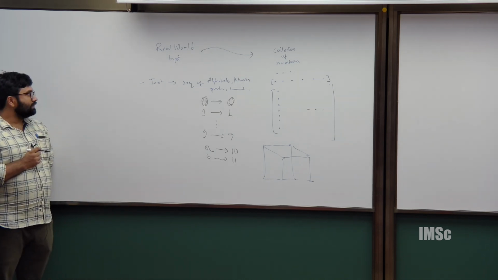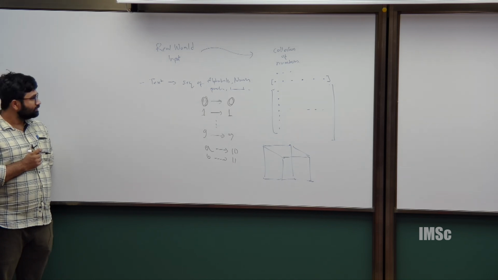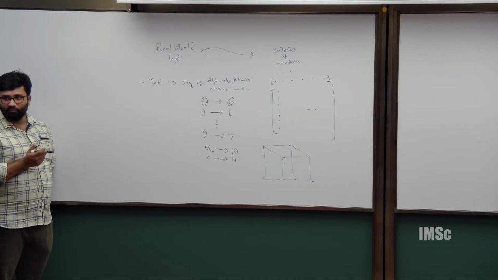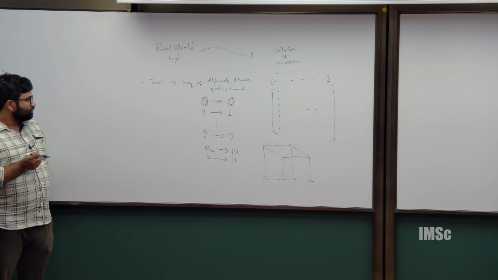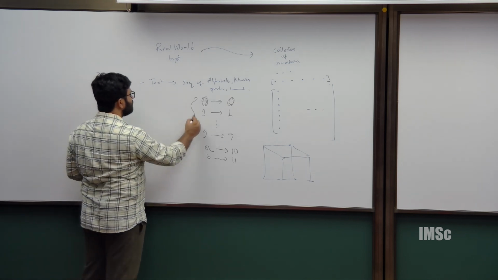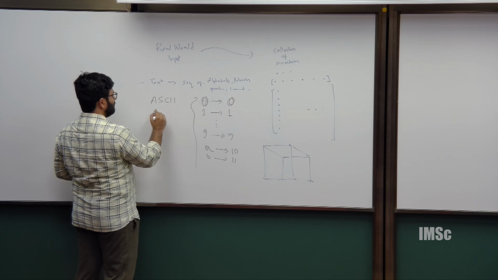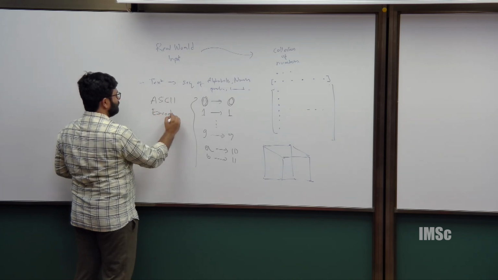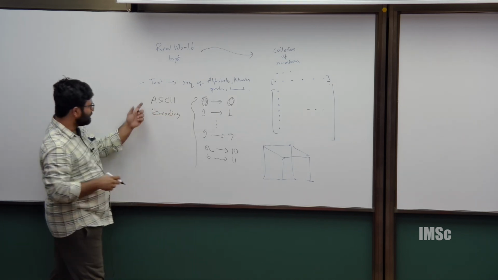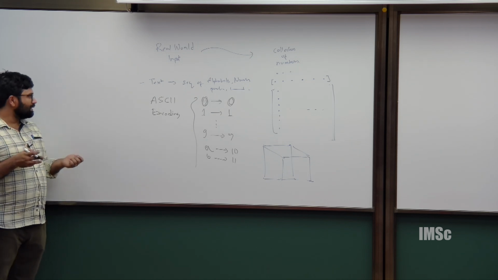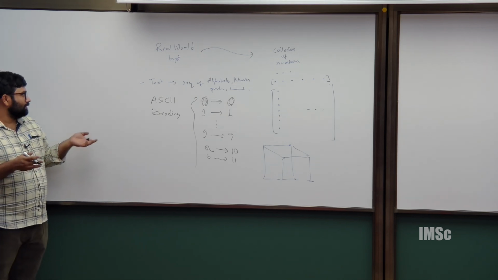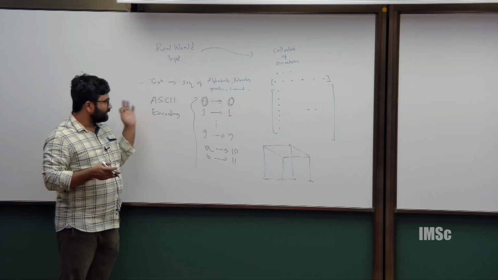So this is a way of converting text into a sequence of numbers. So what we have come up with is roughly something which would be equivalent to this so-called ASCII encoding. This is something that people came up with way back when people started working with computers.